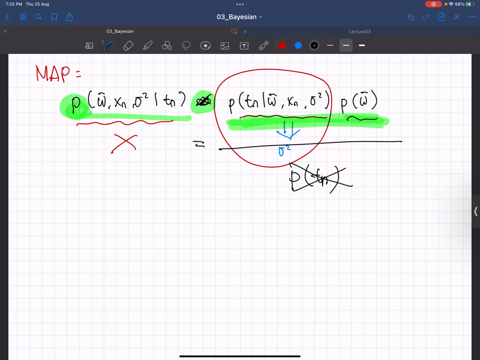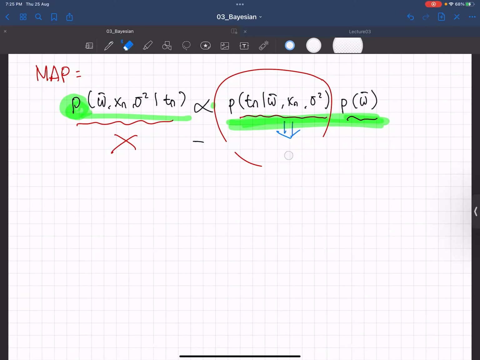So by nature, MAP doesn't give you uncertainty because it doesn't give you probability. The output of this multiplication is not equal to the posterior, it's just proportional. So for that reason, MAP by definition doesn't give you any uncertainty information. Does it make sense? Any questions on this?